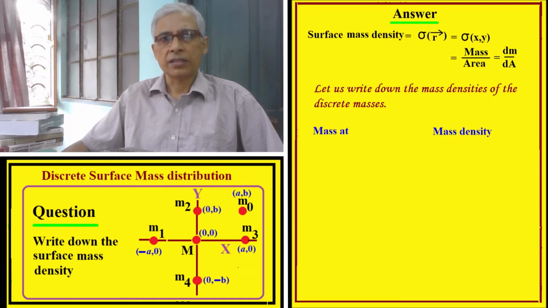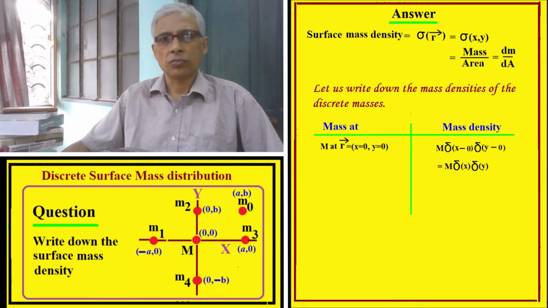We note that the mass distribution is a discrete distribution, and so we need the help of Dirac delta function to write down the mass densities that we do now. Mass capital M is at origin, and let us write the mass density.